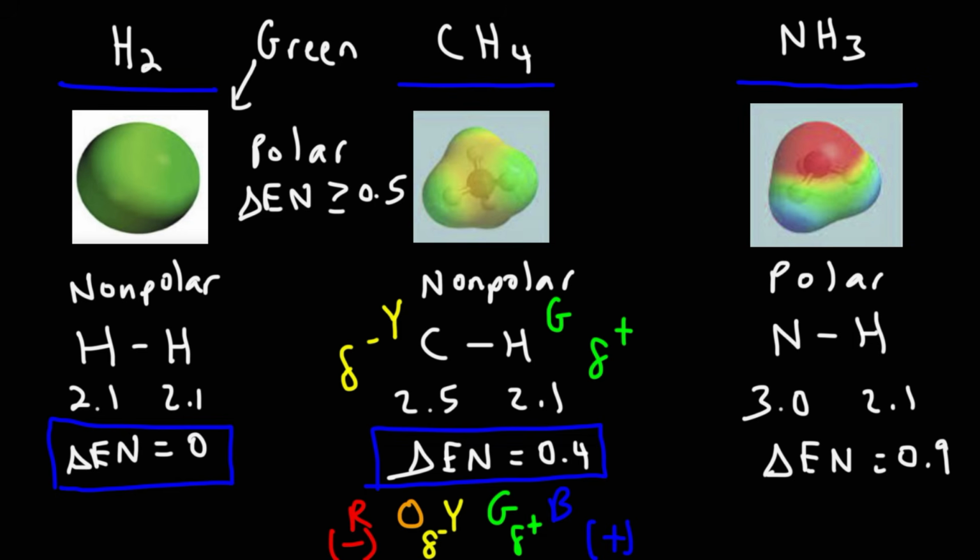So just to recap, if you see a molecule with one side red, one side blue, you're dealing with a highly polar molecule. If you see just one uniform color, either yellow or green, you're dealing with a nonpolar molecule.